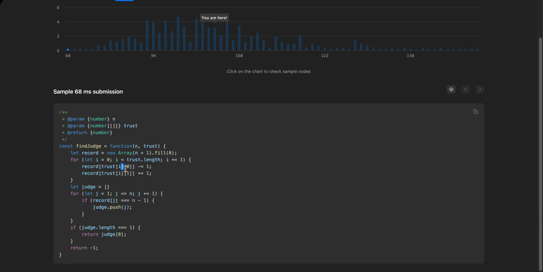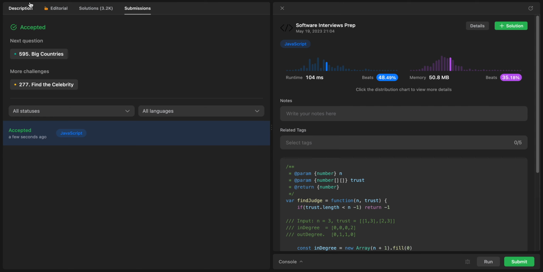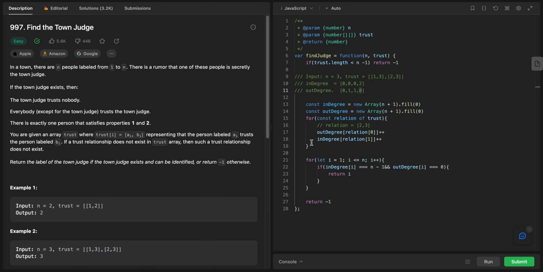But they have two loops. I guess they are quite similar, but sometimes I can't read this, I need the time to read this. I don't know how they perform better.